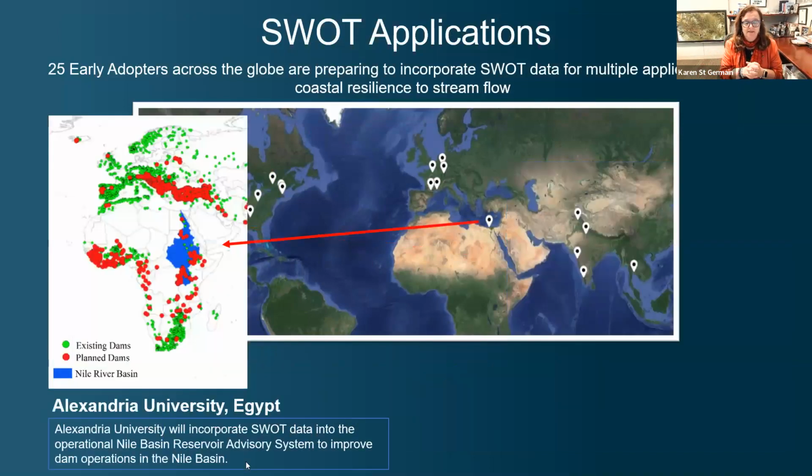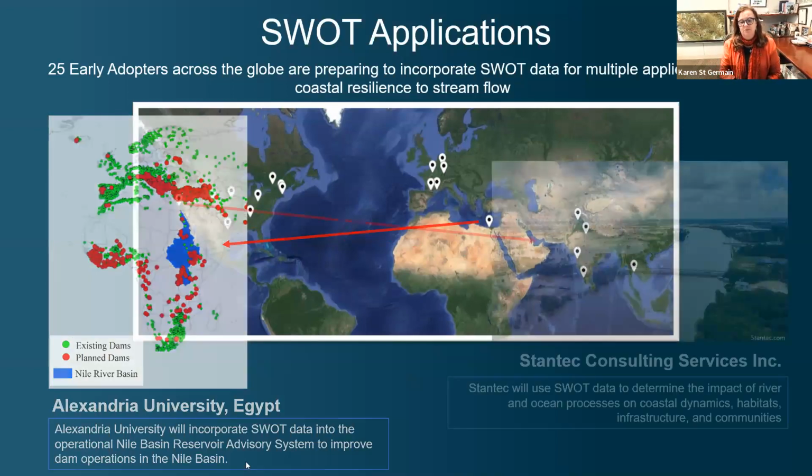In Egypt, the Alexandria University will use SWOT data to help improve management of dam operations in the Nile Basin, very critical to the entire region there. Over in the left panel, you can see in blue just how big the Nile River Basin is and how important that work will be.